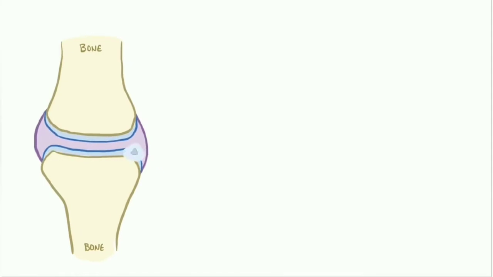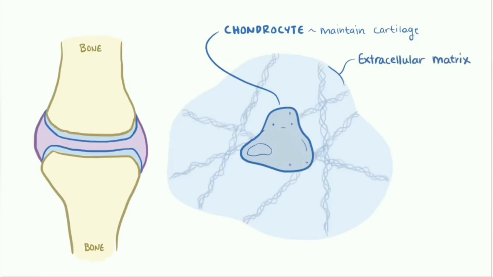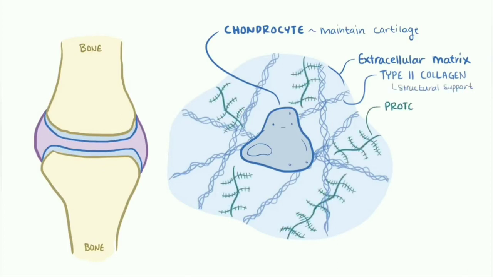In the articular cartilage is the chondrocyte, a specialized cell responsible for maintaining everything cartilage related. It produces a strong gel, or extracellular matrix, which contains type 2 collagen, a protein that provides structural support, as well as proteoglycans such as hyaluronic acid, chondroitin sulfate, and keratan sulfate.